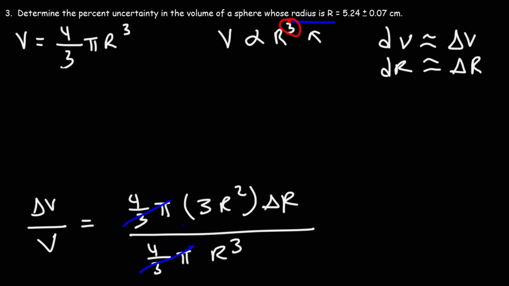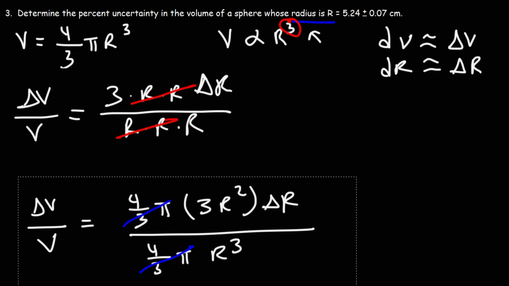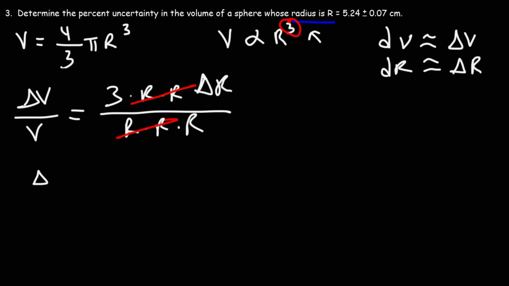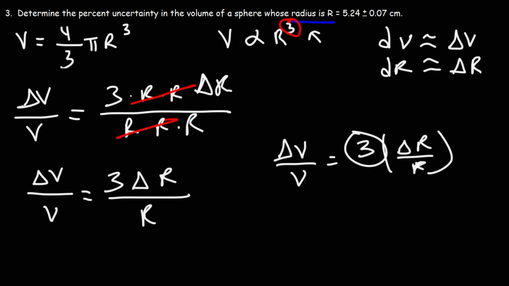We could cancel 4/3 pi. So we have 3r squared. r squared is r times r. We also have delta r on top. And we have r cubed, which is basically 3 r's multiplied to each other. So we could cancel 2 r's in the top and the bottom. And so we're left with delta V over V is equal to 3 delta r over r. But we can write that as delta V over V is 3 times delta r over r. So now you see where the 3 comes from.